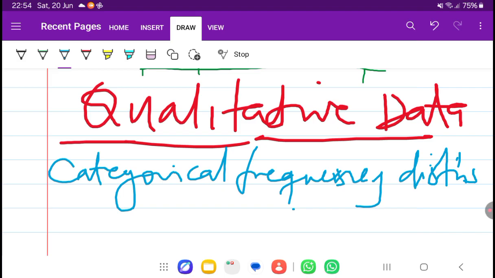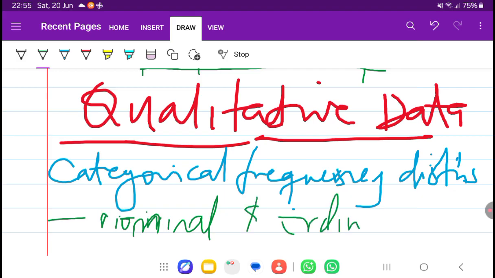What we do is place specific categories such as the nominal. You remember the levels of data measurement. So in this, we are going to find what we call the nominal and ordinal level of data.